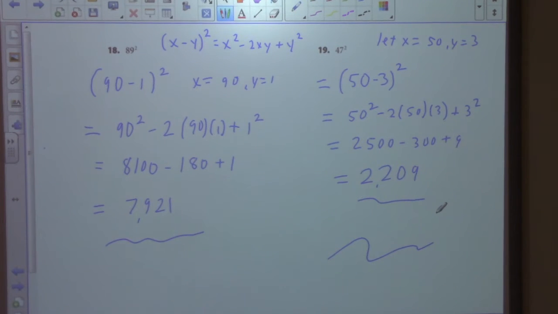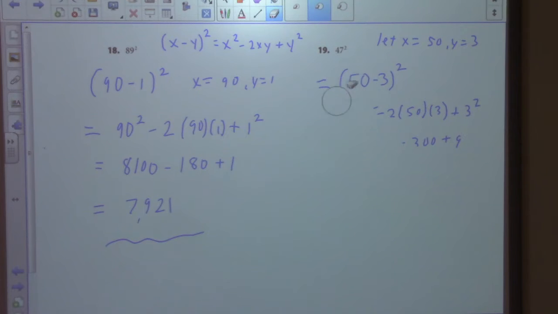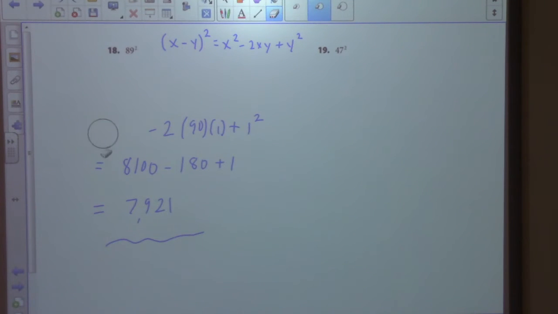Thank you for that. We are going to now go to the next set, which is using yet another identity. And it's going to be the difference of squares identity. And I'll write that out for you.